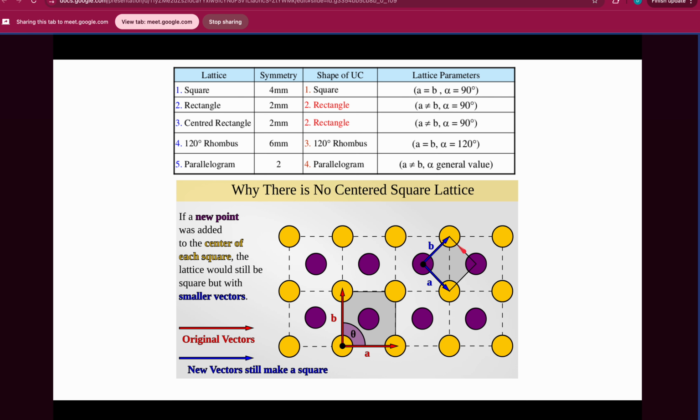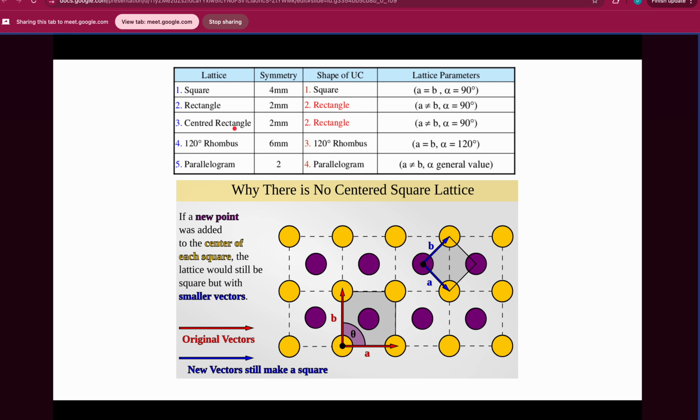We need to join these four lattice points, and again the symmetry it generates will be identical to that of the square. The difference will only be the length of A and B. So A will again be equal to B, and the angle formed will again be 90 degrees. So there is no variation. That's why we do not have a centered square lattice, whereas we have a centered rectangle lattice.